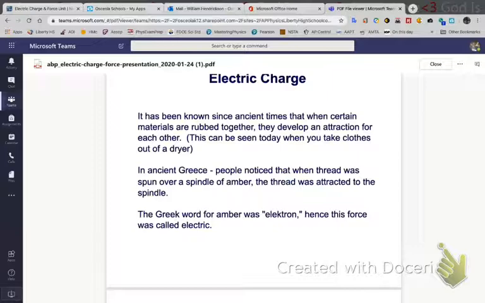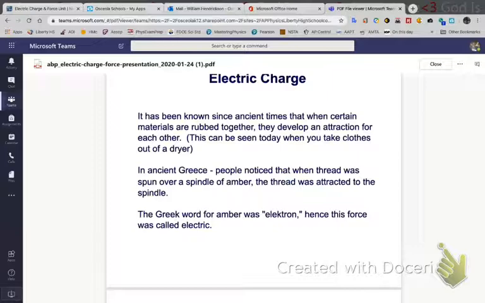And so this is why we took the word that the Greeks had for amber, electron, and we based our word off of this, electric, and we're going to take other words off of this, such as the word itself, electron, meaning the particles. For those of you who've had chemistry, of course, those are the negative particles in the atom.